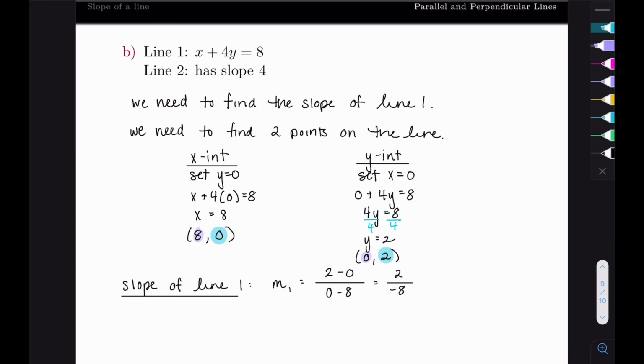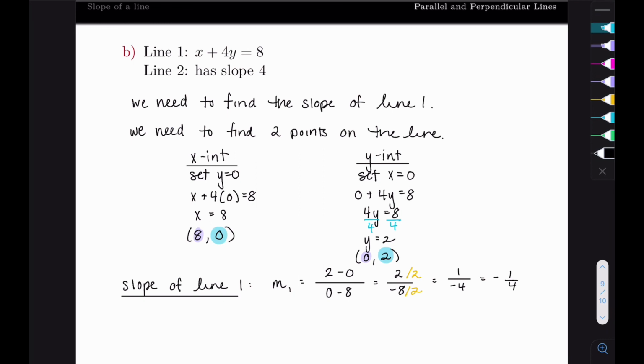But I need to compare this slope to the one of line 2, so I want to simplify this as much as I possibly can. Both the numerator and denominator are divisible by 2. So that leaves us with 1 over negative 4, or negative 1/4.